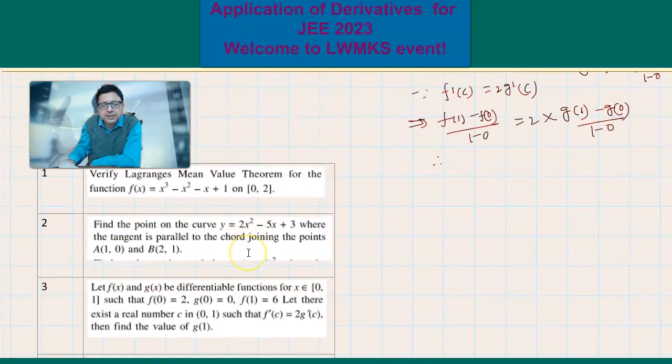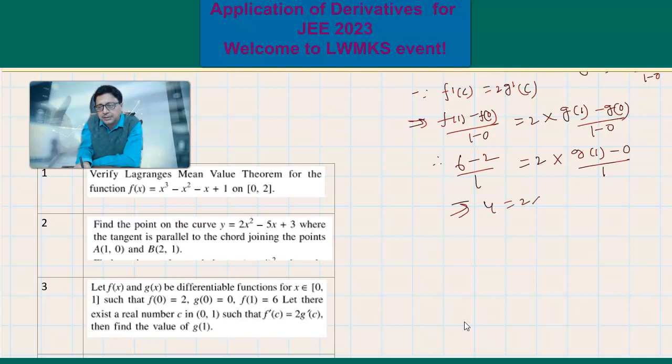Now what is the condition of f1 here? f1 you must substitute. f1 is 6. So 6 minus 2 by 1 will be equal to 2 into g1 minus g0; g1 we don't know, but g0 we know. We substitute there, so this will give us the value of g1.